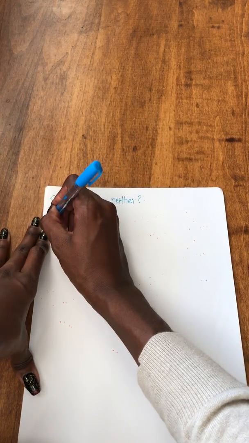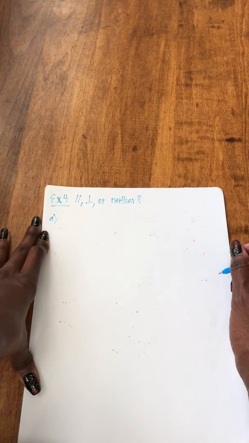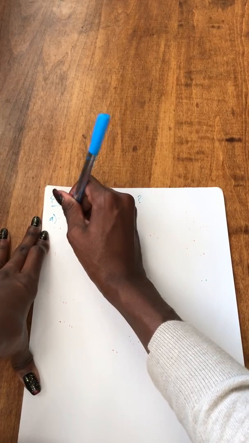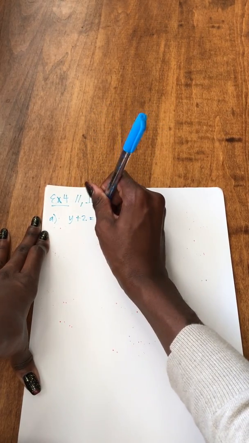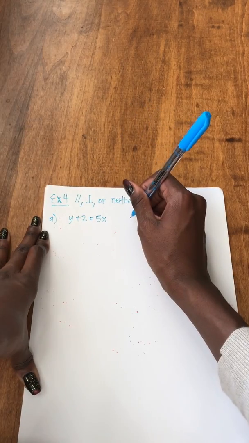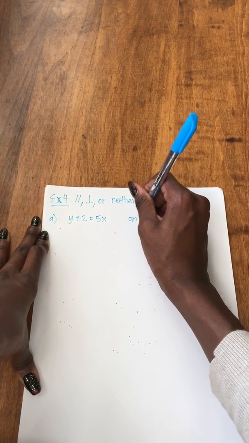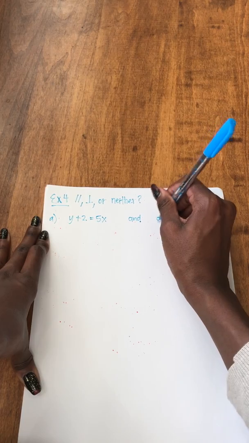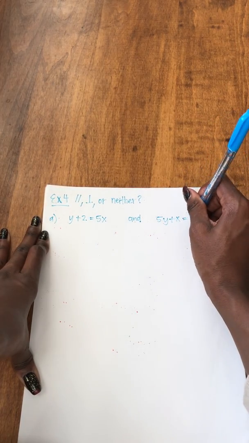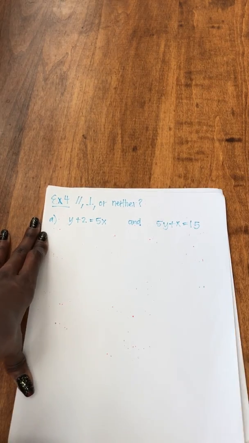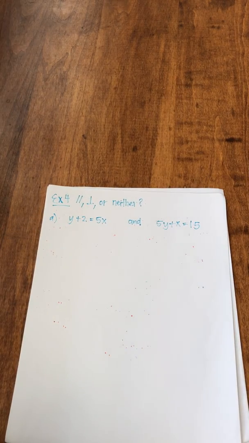So for the first one, 4a, we're going to have y plus 2 is equal to 5x, and 5y plus x is equal to 15, okay? And we want to know whether that's perpendicular, parallel, or neither, okay?